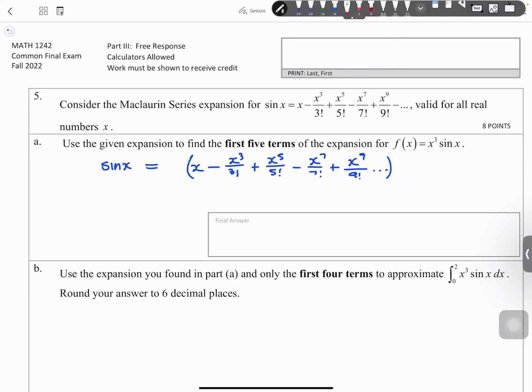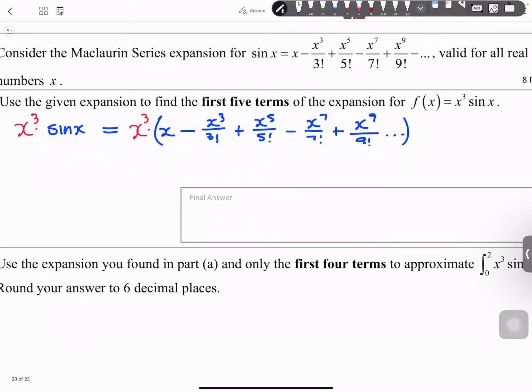We are trying to create for ourselves an expansion for x cubed times sine of x. So I'm literally just going to multiply both sides of this equation by x cubed. All right, so here we go. This is going to be x times x cubed is x to the power 4. X cubed times x cubed is x to the power 6 over 3 factorial. X to the power 3 plus 5 is 8 over 5 factorial.